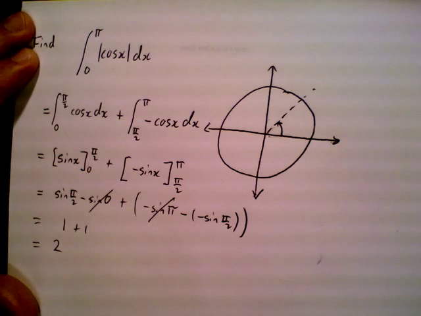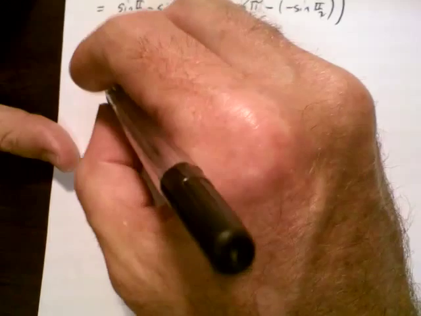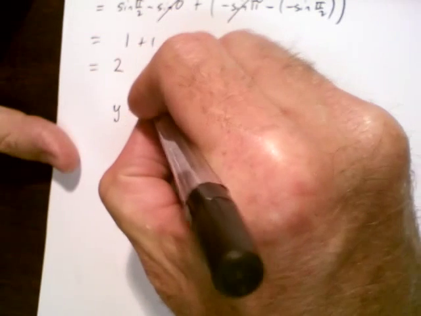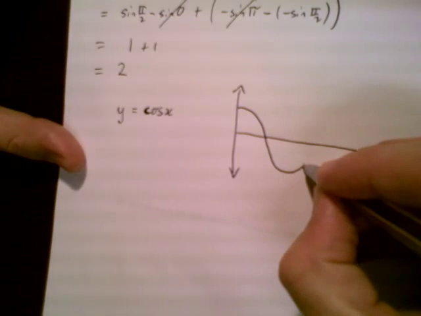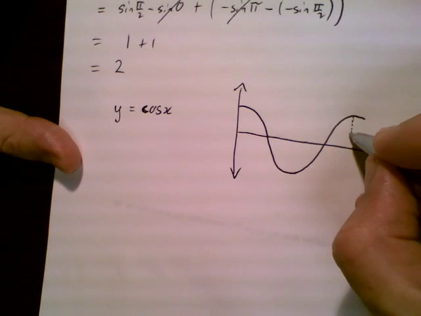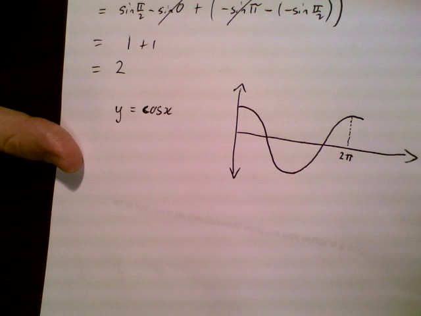Okay, we can also think about this problem graphically if we wanted to. If we were looking at the graph of y is equal to cosx, we'd have our cos graph looking something like this, going through one complete cycle in 2 pi.